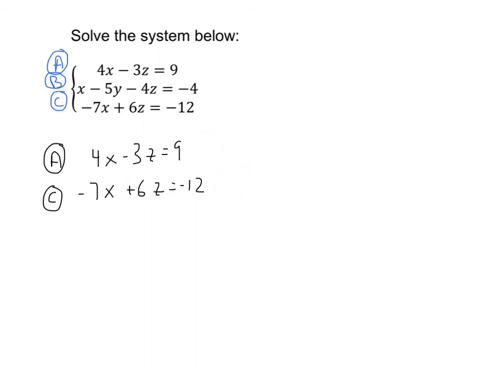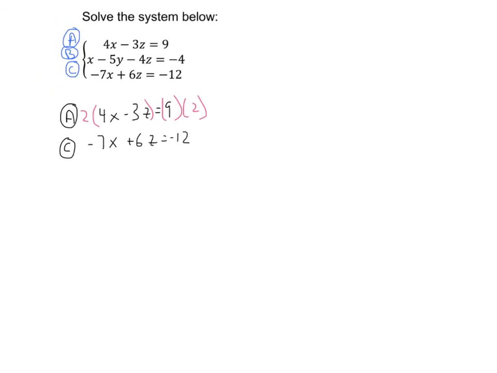Here's what we're going to do. Let's try to eliminate a variable. I noticed that we can eliminate the z's pretty easily. So I'm going to multiply equation A by 2. Let's see what we get.